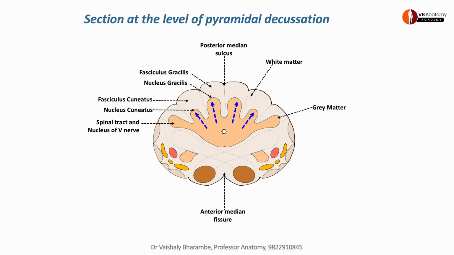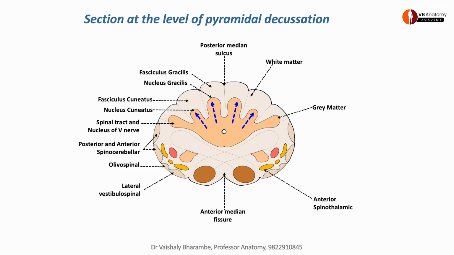Now this is the spinal tract and nucleus of trigeminal nerve, lateral vestibulospinal, olivospinal, anterior and posterior spinocerebellar. Here is the anterior spinothalamic, spinotectal, lateral spinothalamic, and finally the rubrospinal.